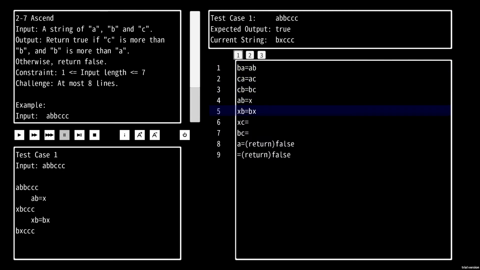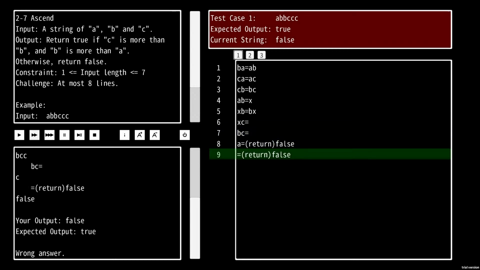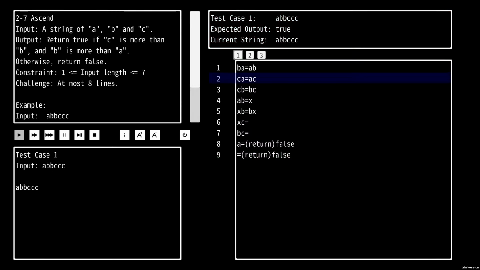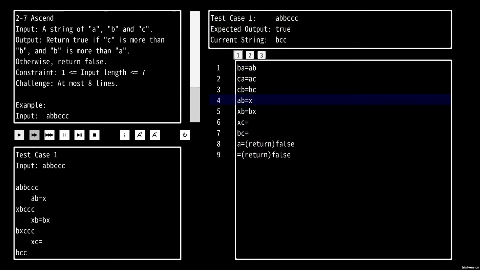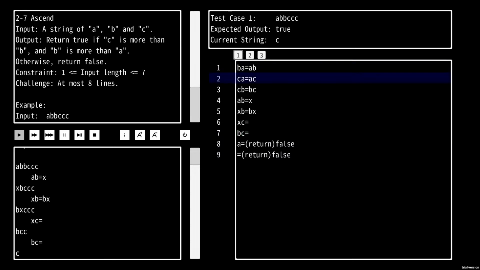Actually, do I ever need to sort A's? I guess I do. Wait, how did this fail? Oh, because it doesn't have a check for C to be true.